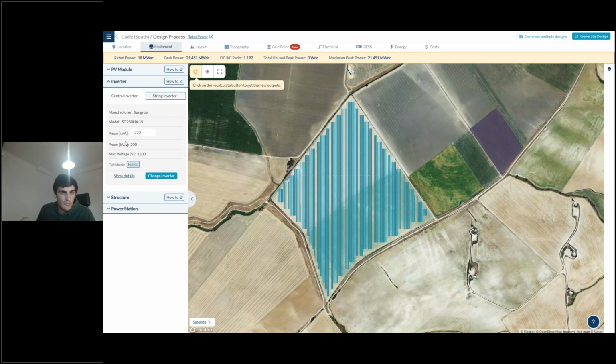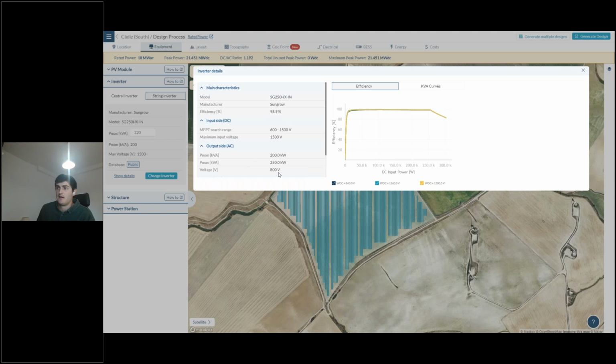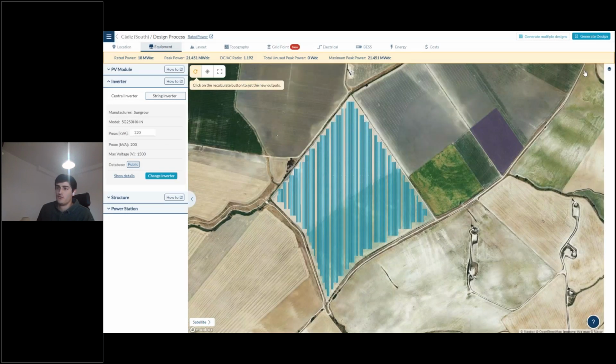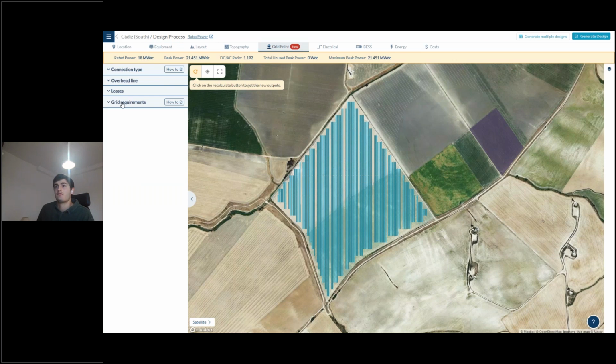Then the following one will be, is the rated AC power of the inverter before or after the conversion losses? The inverter AC power taken into account is the one before the conversion losses, directly the value given from the manufacturer as the maximum power, also converted into active power, of course, considering the grid requirements that the user has defined here.